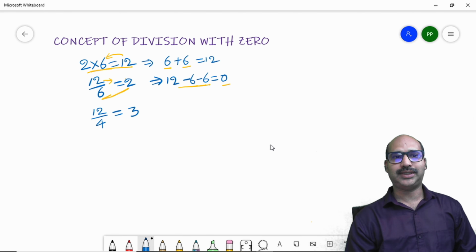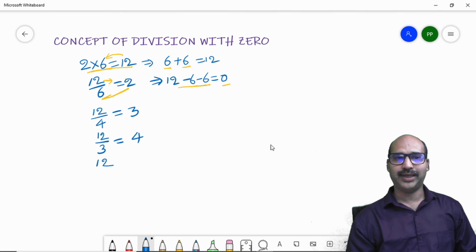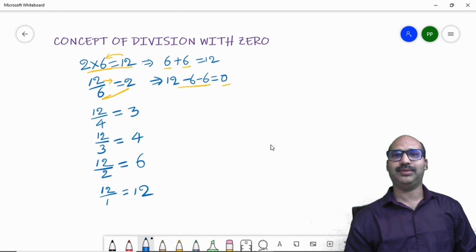The 6 was there in the earlier case; now this is equal to 4. Similarly, 12 by 3 is equal to 4, 12 by 2 is equal to 6, and 12 by 1 is equal to 12.